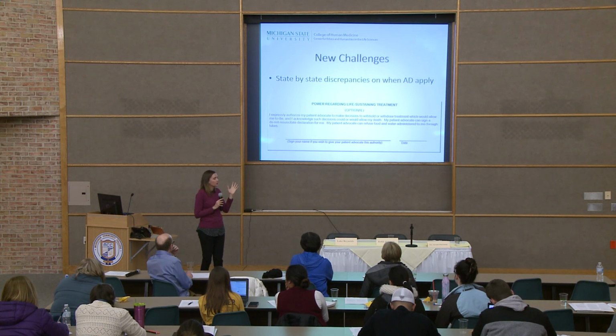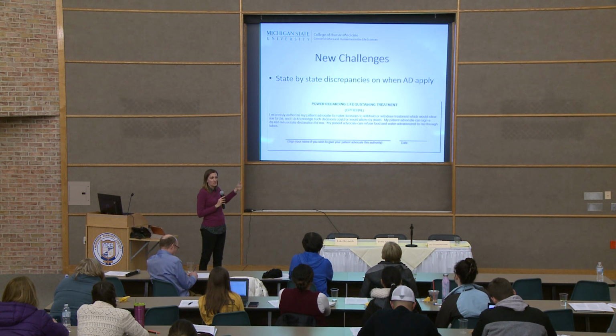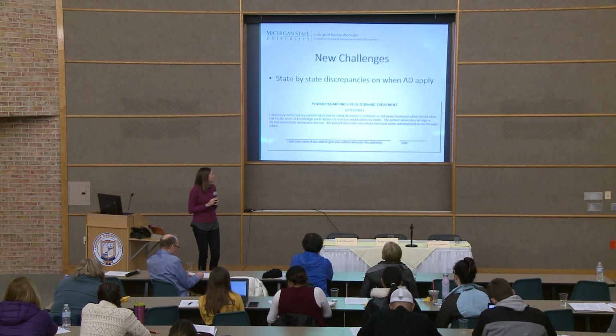You probably don't have to worry too much about that. In most states, they're pretty general, but in Michigan, you have to make sure that whatever document you fill out has this exact box, or your patient advocate can't make any decisions that might end your life, which is a pretty big obstacle if you would have wanted to limit treatment.